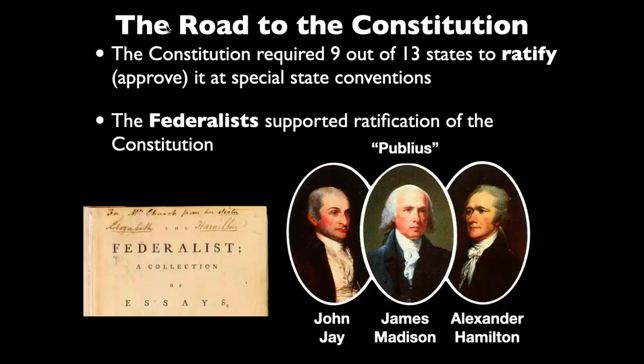Included in this were men like John Jay, James Madison, Alexander Hamilton, they did a lot to sell the Constitution to the states. They wrote a number of articles that have now been enshrined as important foundational documents for America that we know as the Federalist Papers. And in these, they try to explain the different parts of the Constitution and why it's going to create a good government.